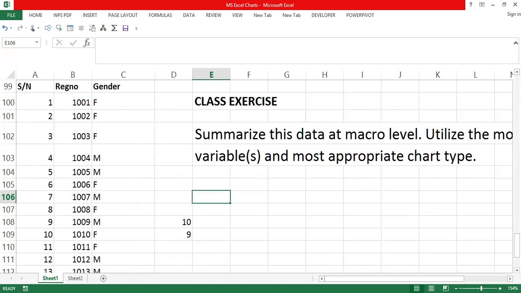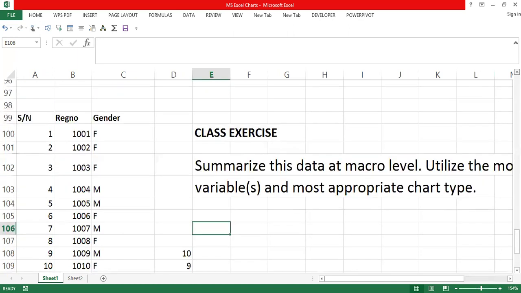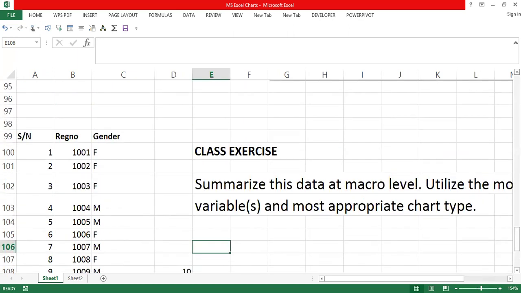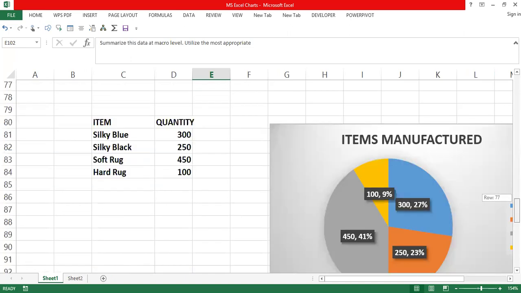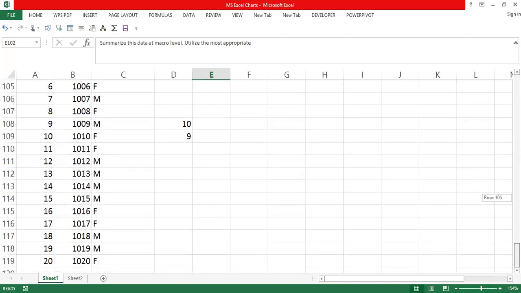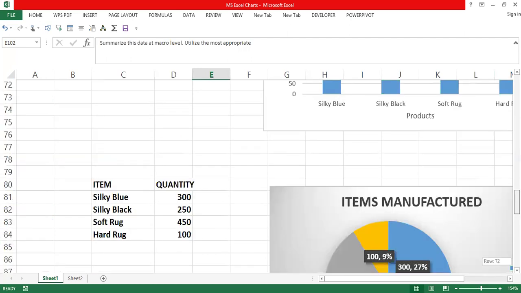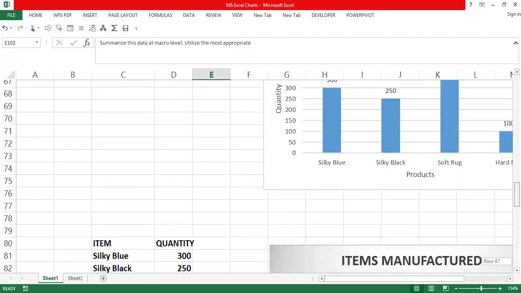But is there any other factor? That's what I wanted to hear actually. Is there any other consideration? For example, you just rightly said that if the data is categorical, we could use something like a pie chart, column chart, or bar chart.